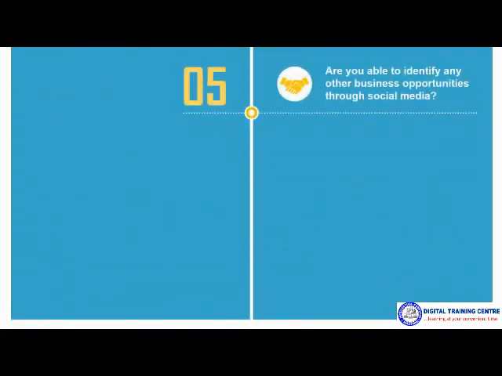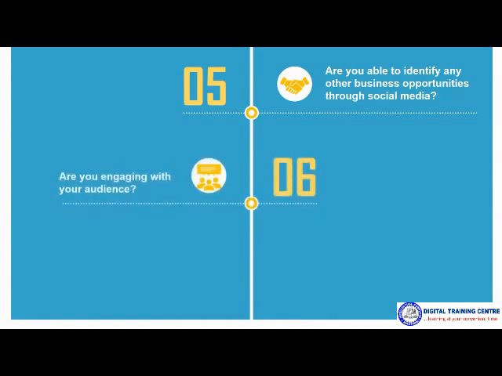Number 5 of optimizing your strategy is, are you able to identify any other business opportunities through social media? We have done our SWOT analysis, so you should know what potential opportunities you can take advantage of. Number 6, are you engaging with your audience? We have spoken about audience engagement. You do not always have to reply with an essay.